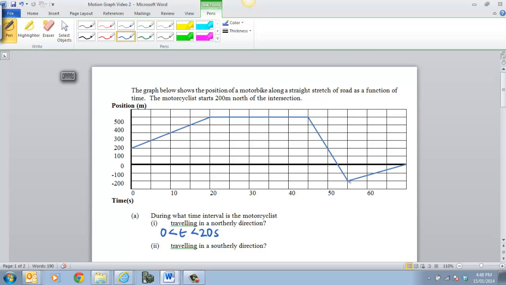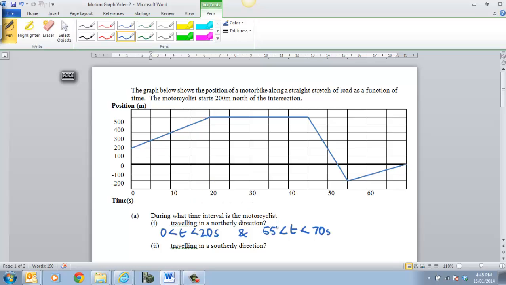And then from 55 through to 70 seconds, so t is greater than 55 but less than 70 seconds. That's when it's moving in a northerly direction.